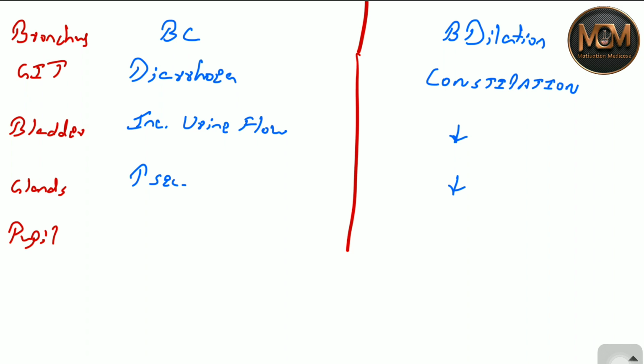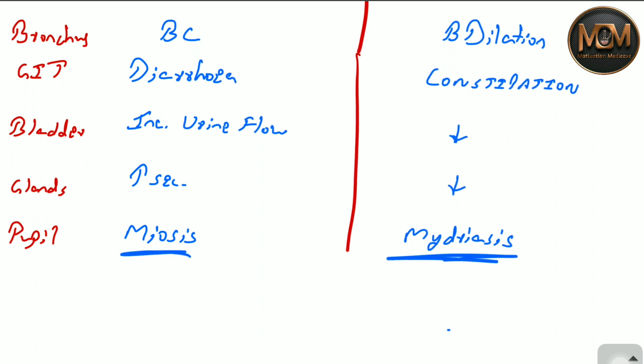The constriction of the pupil is called miosis. This word you need to remember: the constriction of the pupil is miosis, while the dilation of the pupil is mydriasis. So these two new words you have to remember.